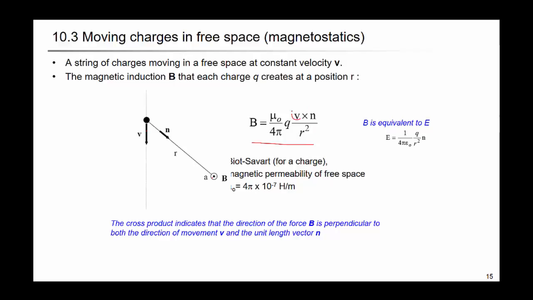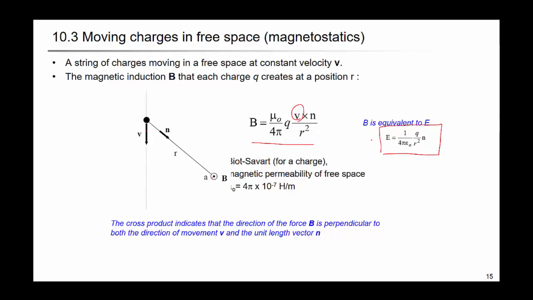The v here is the velocity vector, n is the unit vector indicating the direction, Q is the charge. So if you compare with the electric field equation, what is added?